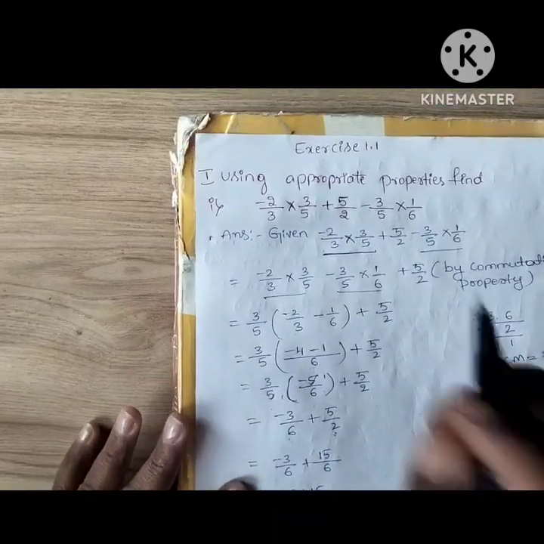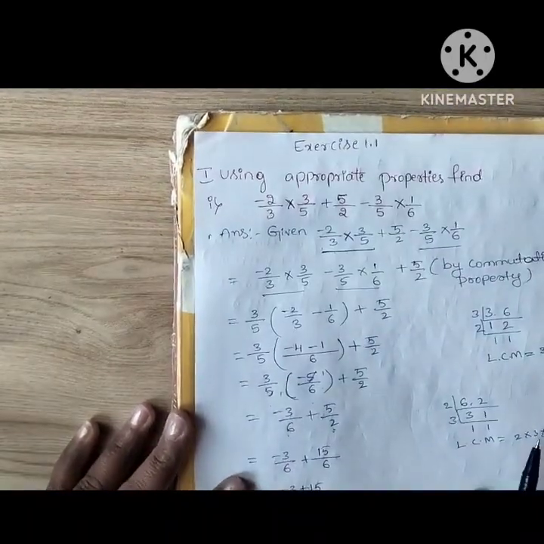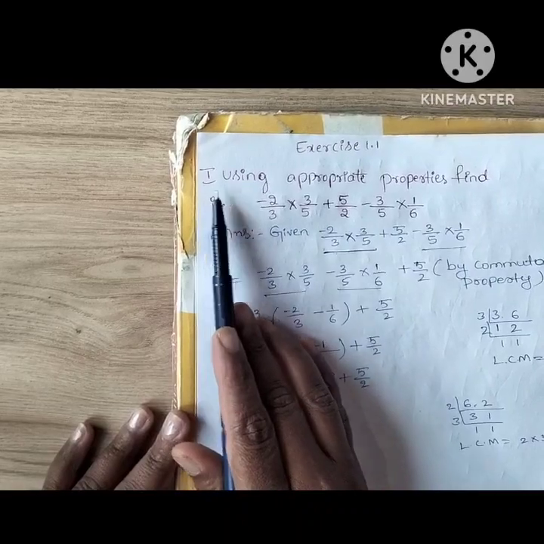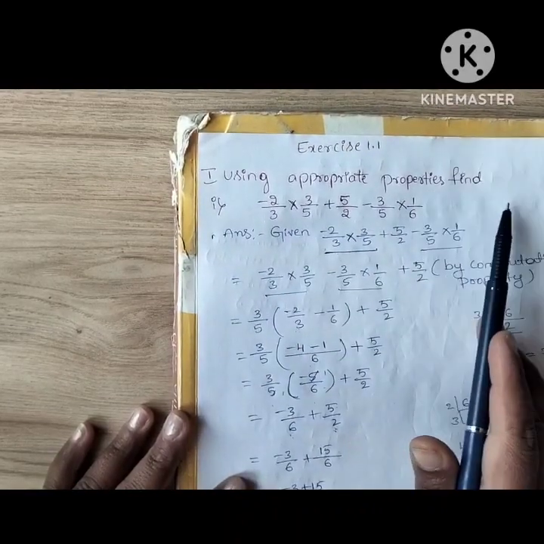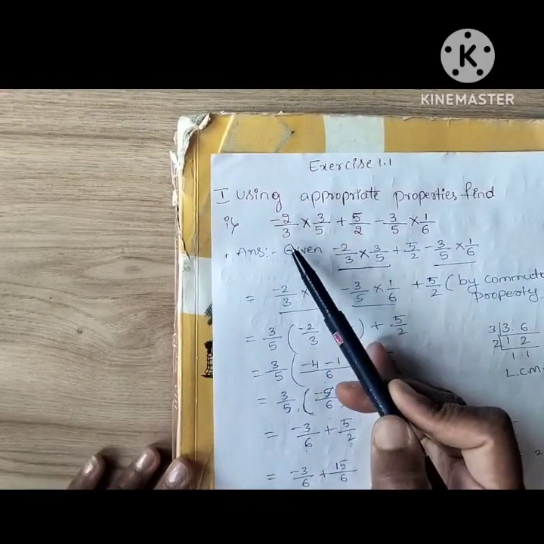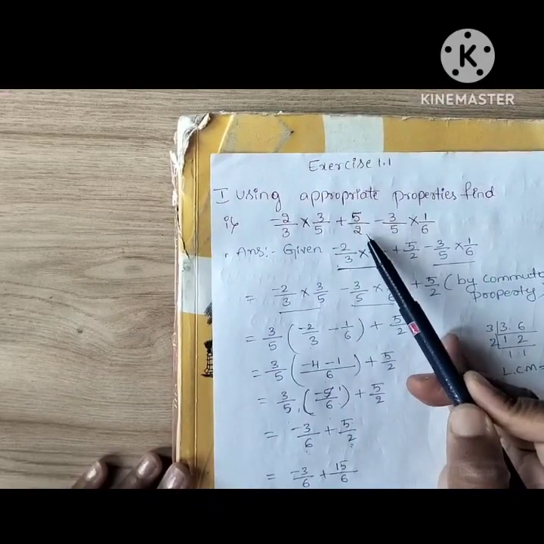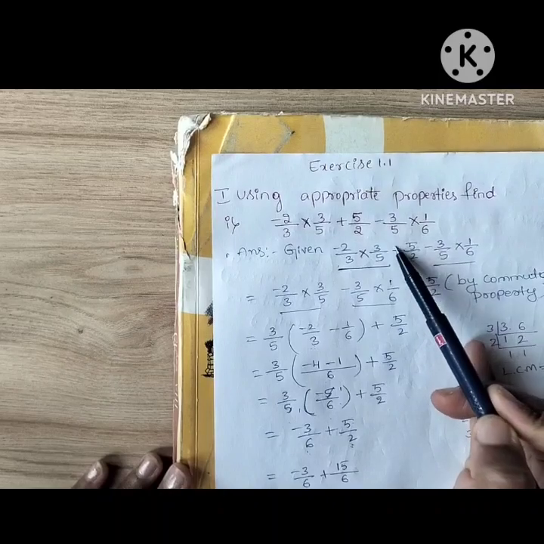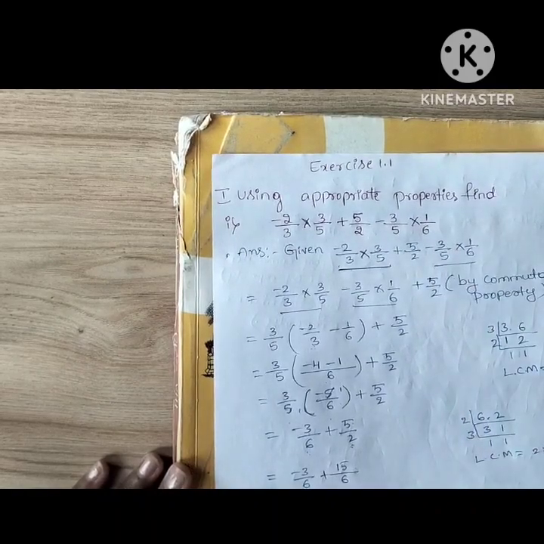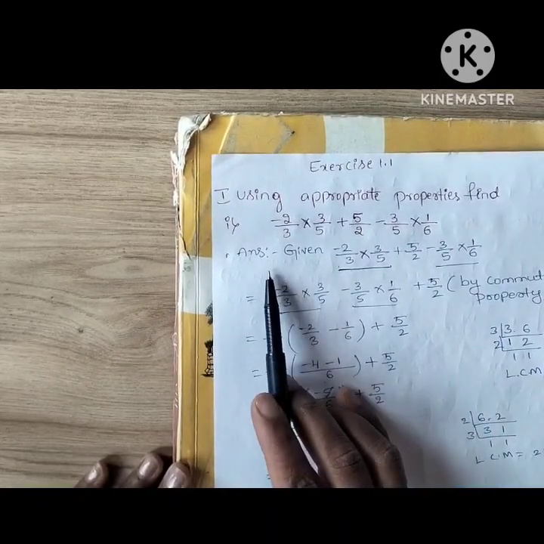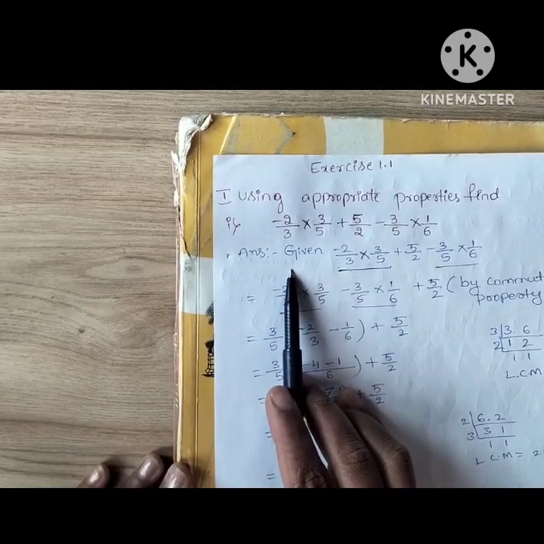exercise is exercise 1.1. The first question is, using appropriate properties, find minus 2 by 3 into 3 by 5 plus 5 by 2 minus 3 by 5 into 1 by 6. So we have to write the given problem.